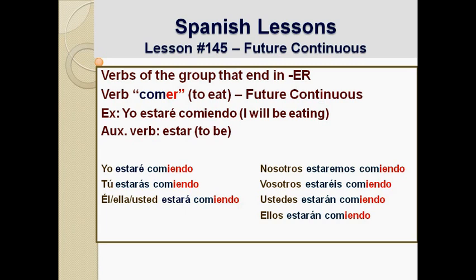Vosotros estaréis comiendo. Ustedes estarán comiendo. Ellos estarán comiendo. So you can see how what changes is the auxiliary verb, the conjugation, okay? And the verb we are conjugating, the verb comer, remains always the same here. Comiendo, comiendo, comiendo, comiendo, okay?